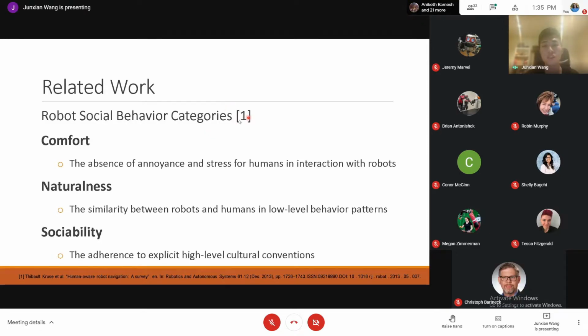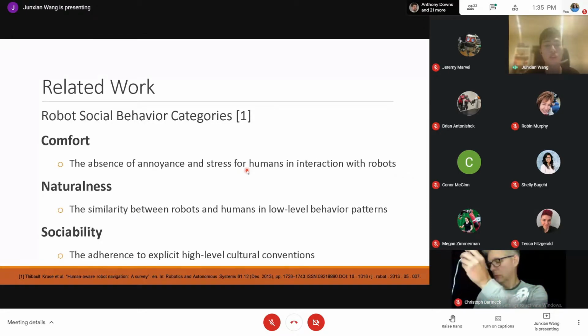As you can see, it's referenced below here. They separated the social behavior of robots into 3 categories, namely comfort, naturalness, and sociability. Firstly, comfort means the absence of annoyance and stress for nearby humans in interacting with the robots. This means the robots must appear safe to nearby humans for them to feel comfortable.